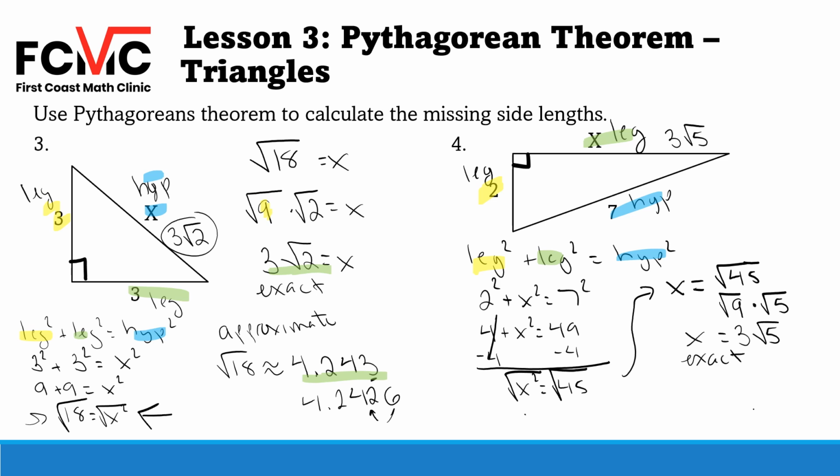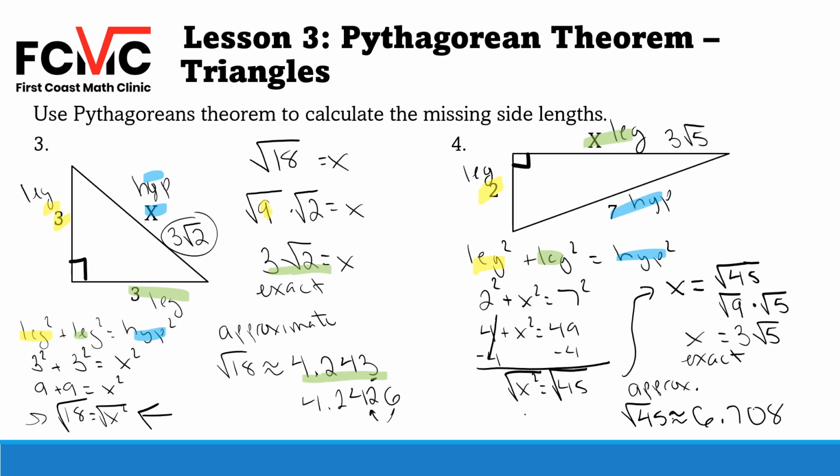Okay. Now, if I wanted the approximate, we could just plug this into the calculator. And we take the square root of 45. And we get 6 and 708 thousandths. The entire decimal extends after that.